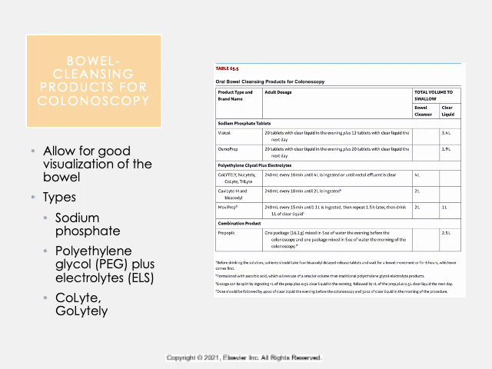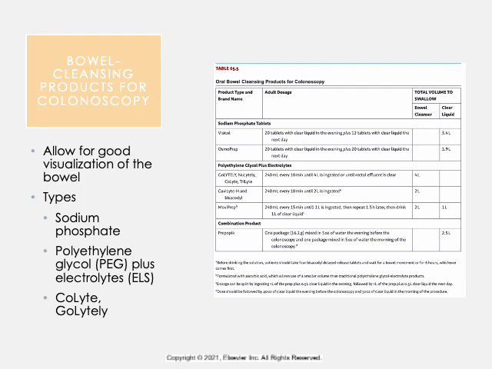And you can see here on this chart how much you actually have to take of the Go Lightly or the polyethylene glycol plus electrolytes: 4 liters as opposed to taking a sodium phosphate tablet with some clear liquid. So again, know the pros and cons of each of the medications and what your patient can expect.